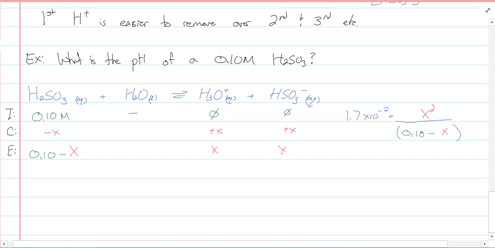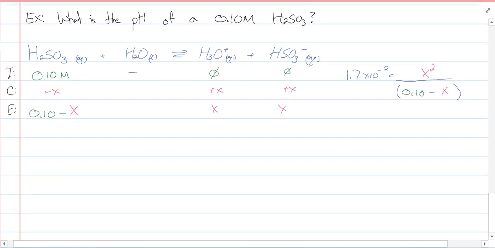And hopefully we're getting really good at this now. And we understand that we can't approximate here, can we? Because that's -1, that's -2. It's 10 times different. We cannot approximate, so we actually have to do the math. So bring the bottom up. I have 1.7 times 10 to the minus 2, multiplied by 0.10 minus X equals X squared.